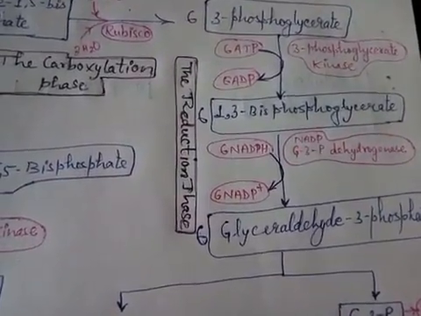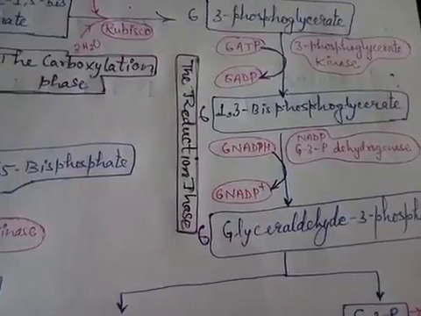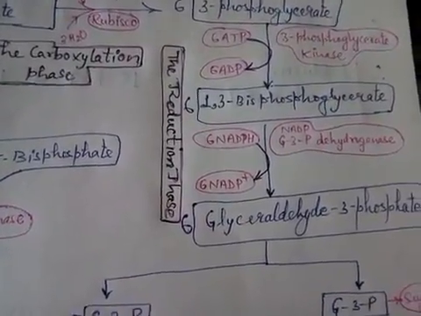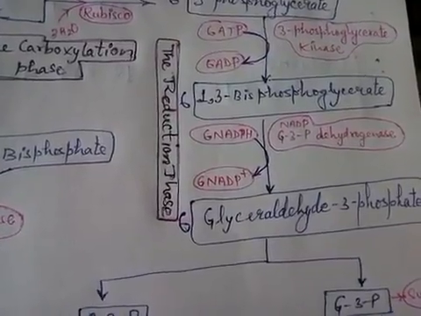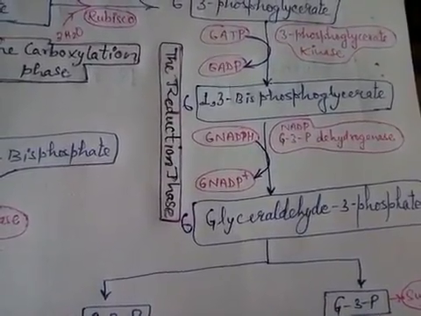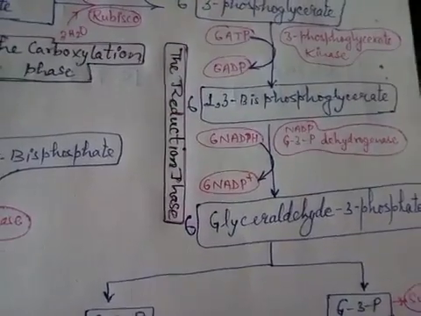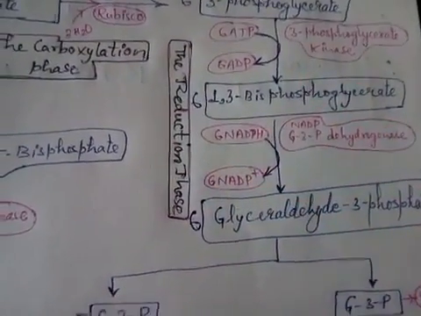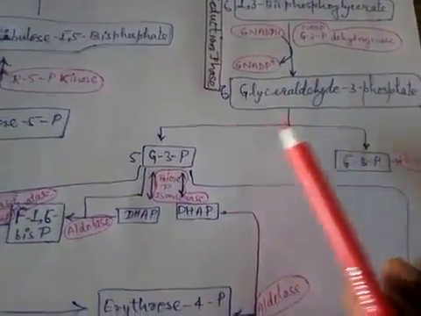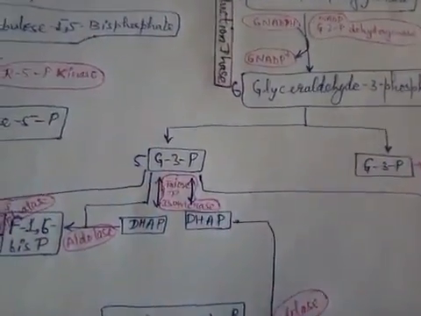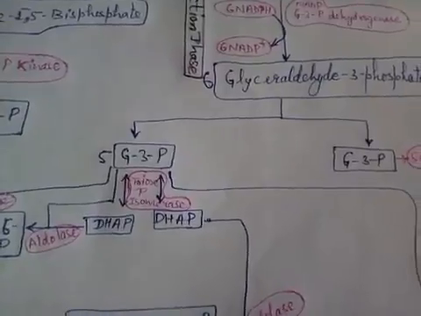This 1,3-bisphosphoglycerate is now converted into glyceraldehyde 3-phosphate in the presence of the enzyme glyceraldehyde 3-phosphate dehydrogenase at the expenditure of 6 NADPH. Further, these glyceraldehyde 3-phosphate molecules, which are 6 in number, are divided into two sides, one having 5 molecules and the other having 1 molecule.